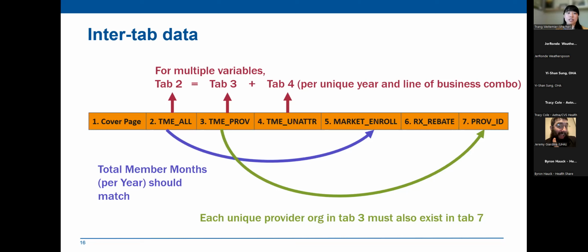We do have to do a lot of validation to look at those inter-tab relationships and the integrity of the data. A lot of these validation checks you will be able to do yourself with this data template. So that's a really exciting change. And we'll talk about these relationships later. Next slide.